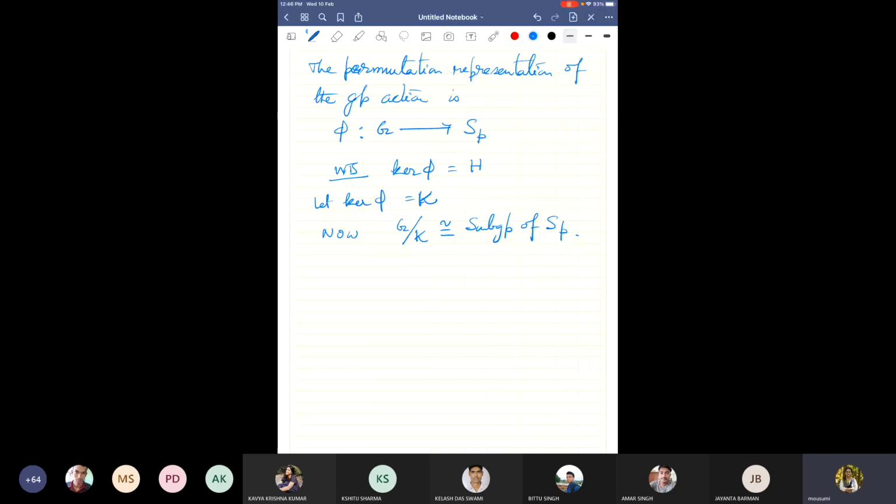Correct? Fine. What does that mean? That the index of K in G will divide P factorial. Isn't it?